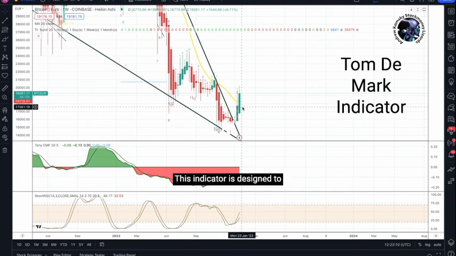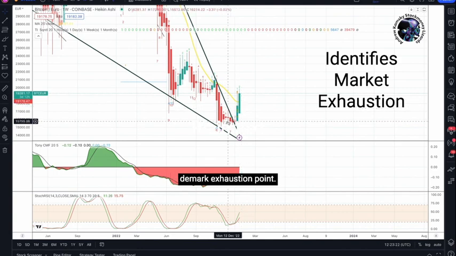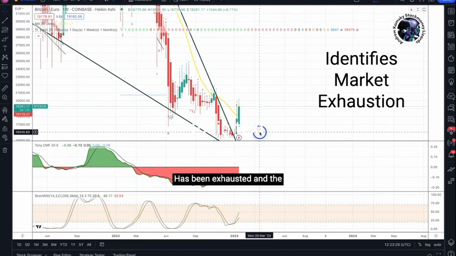This indicator is designed to help traders and investors identify potential market turning points and trend reversals. The deMark indicator is based on the concept of deMark exhaustion point, which is a point in the market where buying or selling pressure has been exhausted and a reversal is likely to occur.